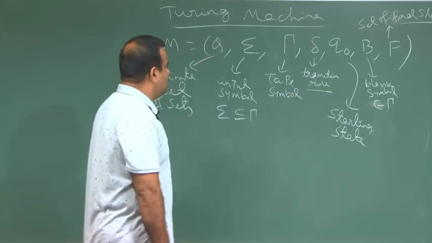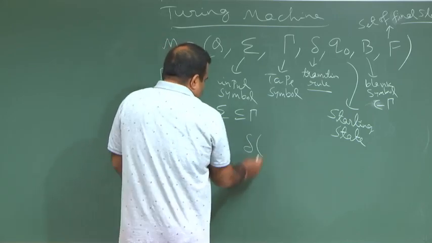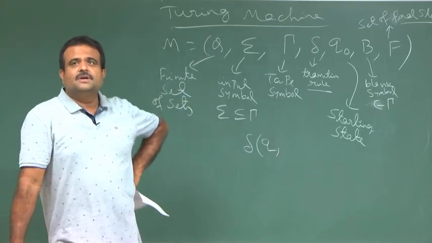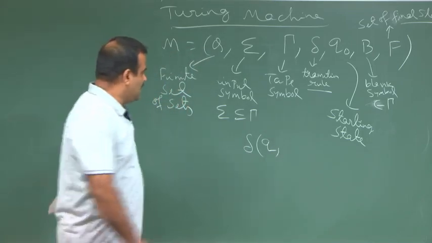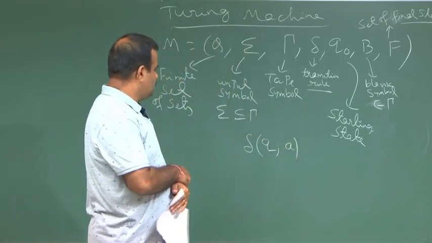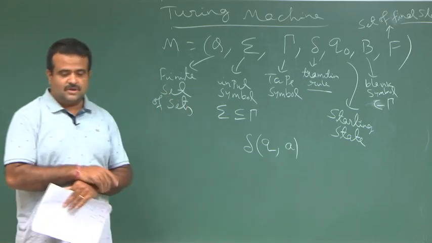And this delta is a transition rule. Here delta is taking two values. One is the state q, the current state our system is in, and the symbol on the tape.